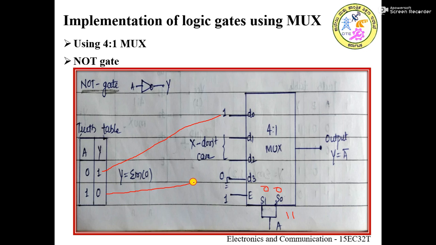Since the output is 0, this is mapped here. Now I am left with two more input data lines, D1 and D2. Since these are of no use, I can write them as don't care. This is how the functionality is implemented using 4:1 mux.